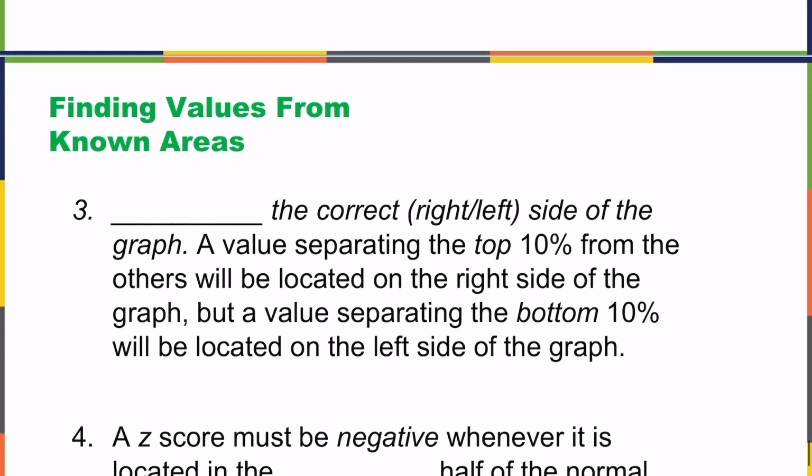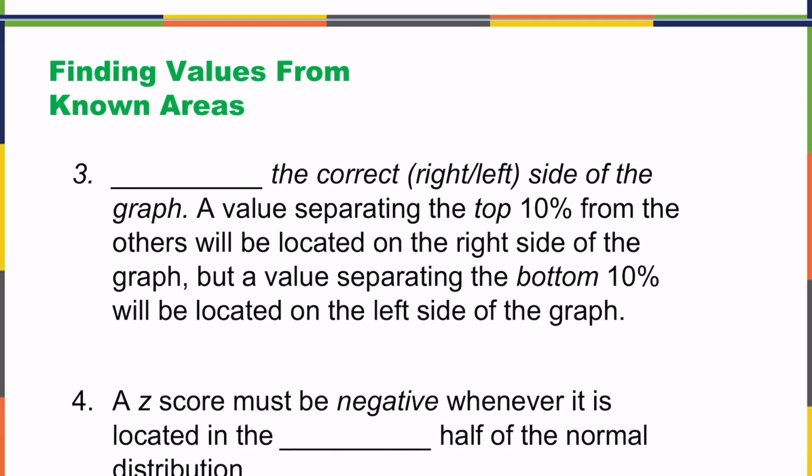Okay, next thing. Choose the correct right-left side of the graph, like we did, because it was taller. We were looking for people who were taller than 72 inches. We wanted to the right. A value separating the top 10%, for instance, is going to be located on the right side.